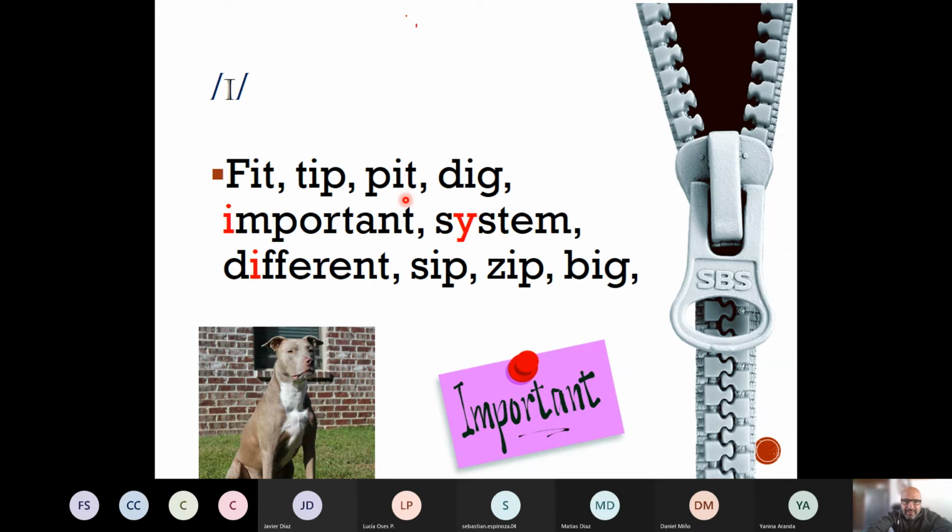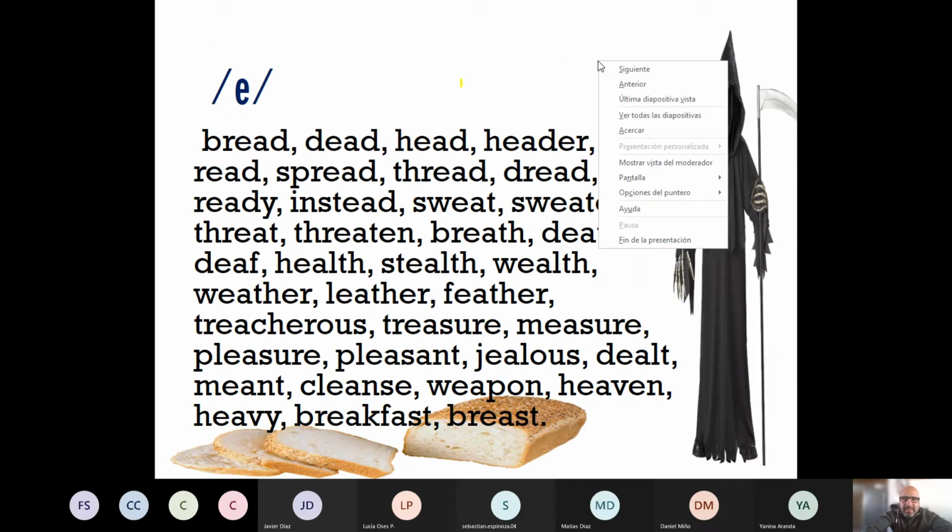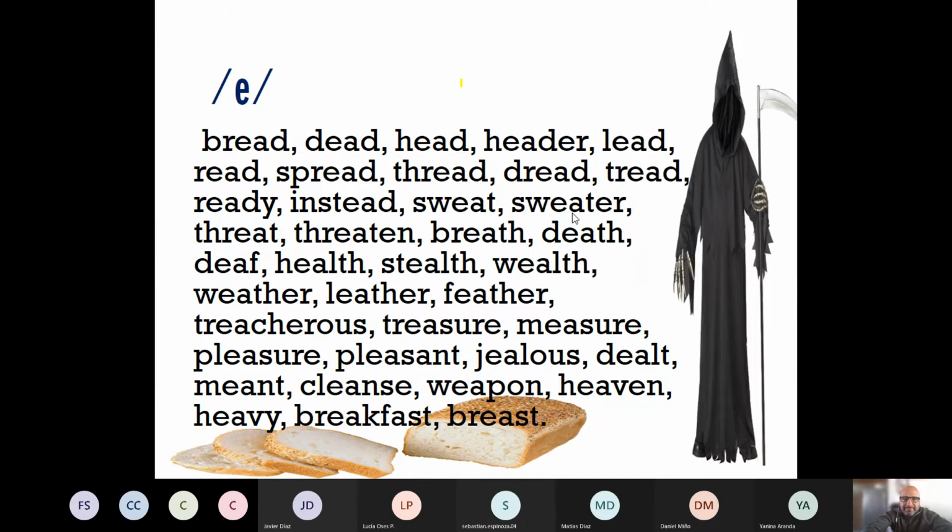Thank you so much. So in this one, we've got the sound A, which is represented by this symbol. In some dictionaries, you may see this symbol to represent the same sound.